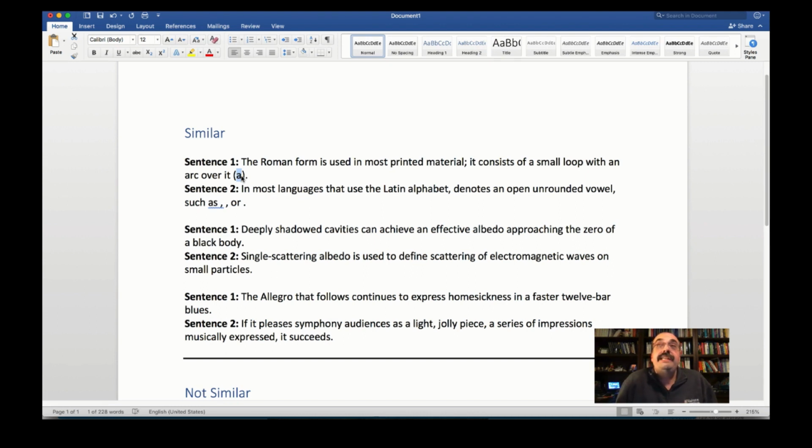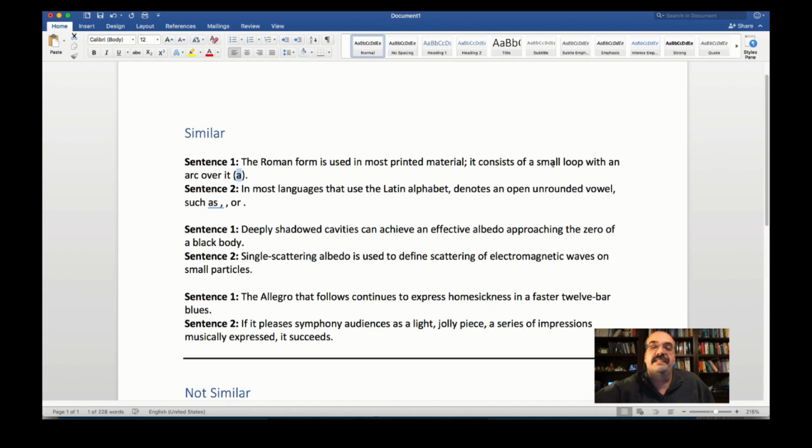Now, using domain knowledge, meaning using stuff that I know from my experience, when they say Roman form, they're talking about the Roman font. And Roman fonts are different than some of the other fonts. So it's talking about a font and printed material.